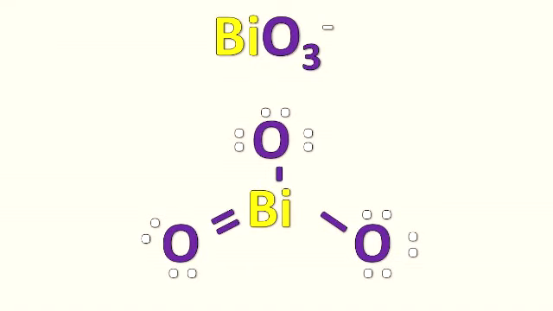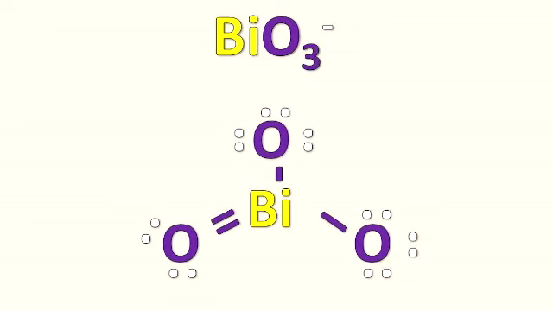Next up, since oxygen follows the octet rule, it can have 8 electrons in its outer shell. We have to put the remaining number of electrons besides the bonds. Since the double bond oxygen already has 4 electrons, we now add 1, 2, 3, 4 to its outer shell.